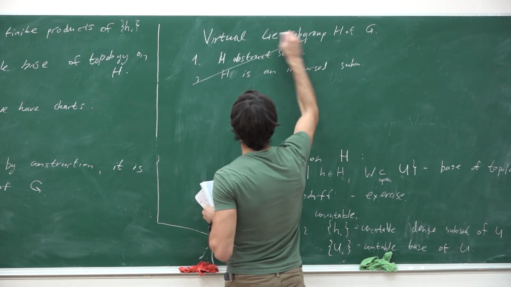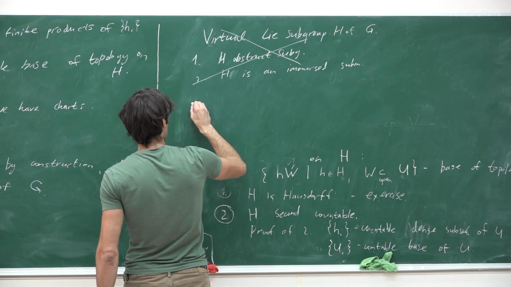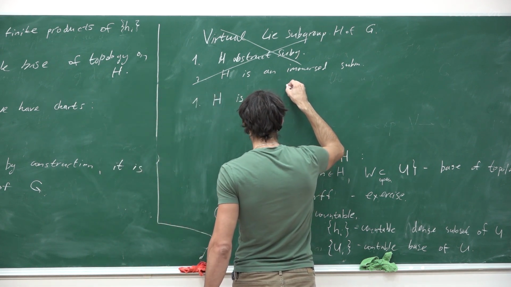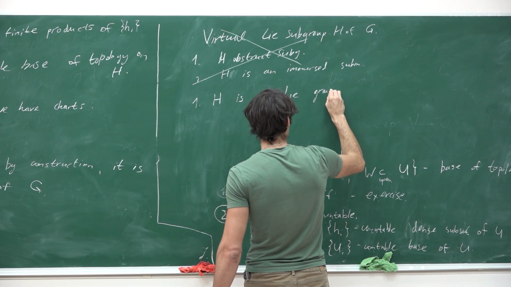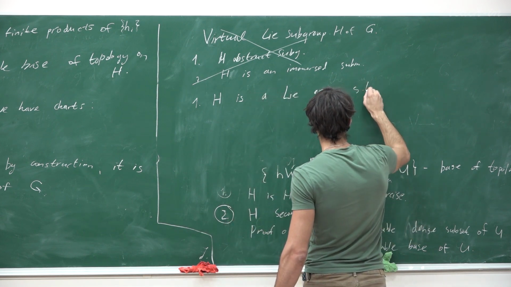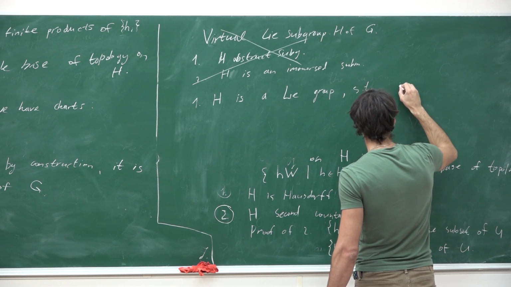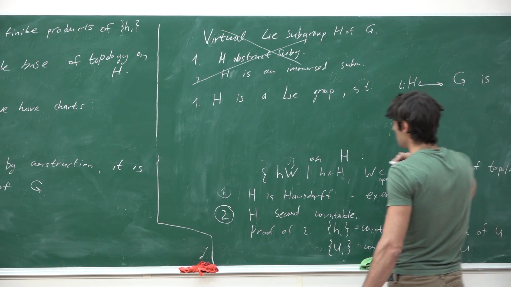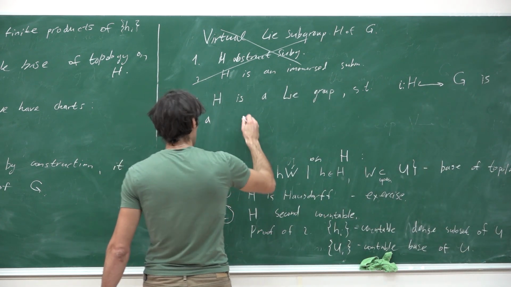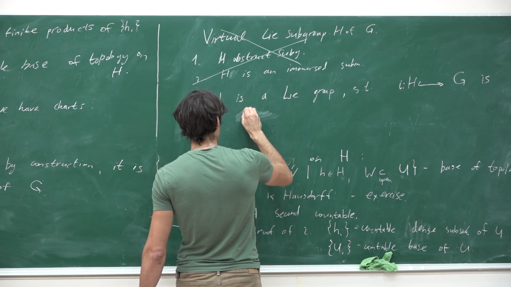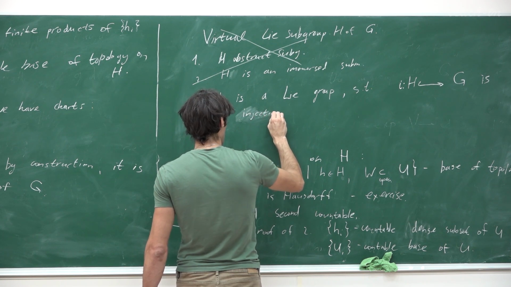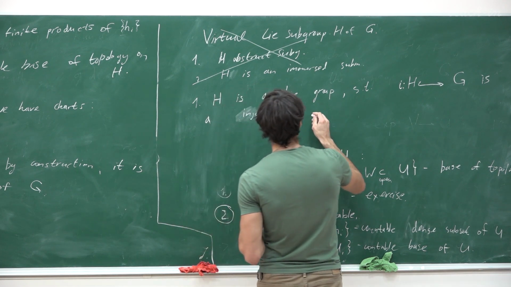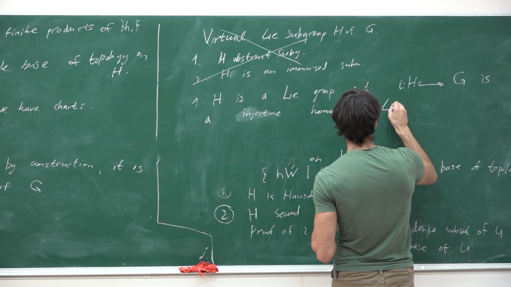So what should I do? I should say that H is a Lie group such that the inclusion map is a homomorphism, so I should say an injective homomorphism of Lie groups.